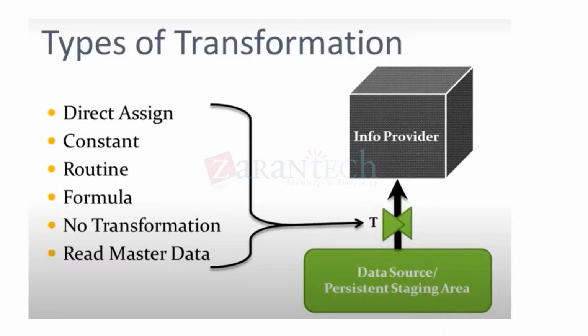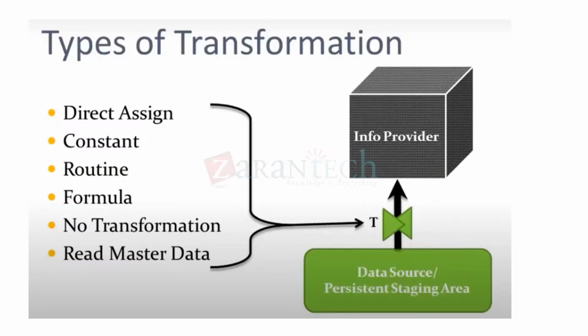The source might have only the fields quantity and price, but the target might have the additional field total along with quantity and price. So we can derive a new field in the target system by applying the formula or any of these other transformation types.